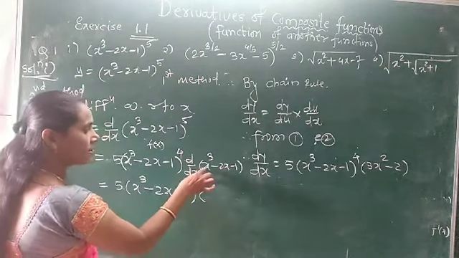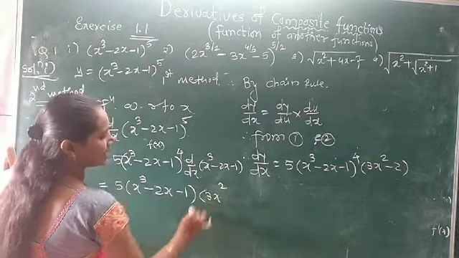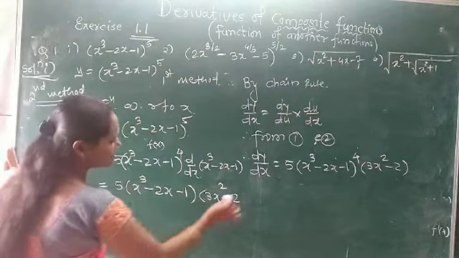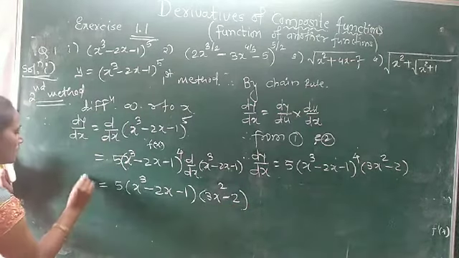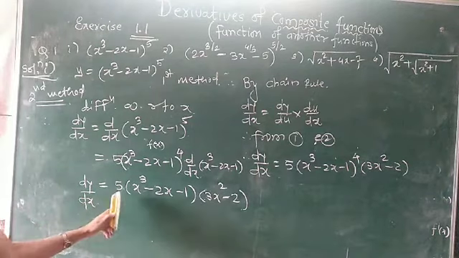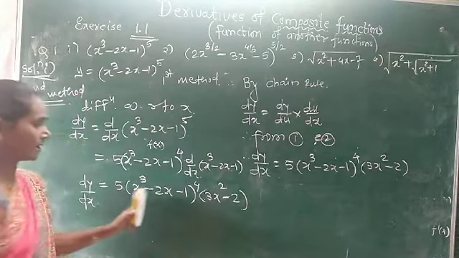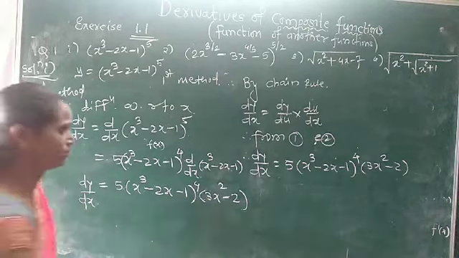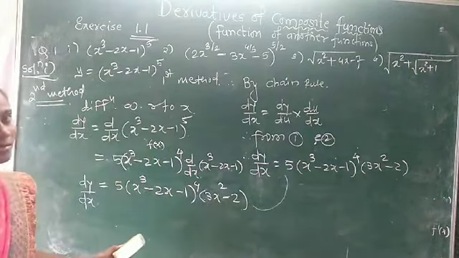What is the derivative of x cube? 3x square, minus the derivative of 2x which is 2, and the derivative of 1 is 0 since it is a constant term. So we get the final derivative dy upon dx is equal to 5 into (x cube minus 2x minus 1) raised to 4 into (3x square minus 2). These both answers are the same.